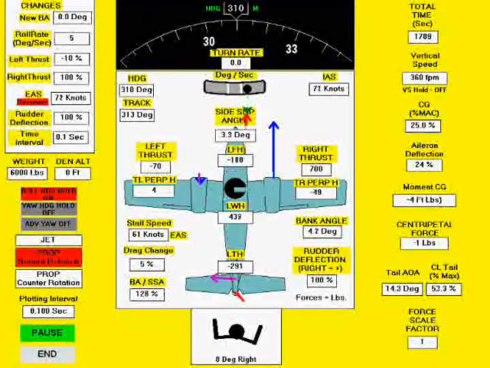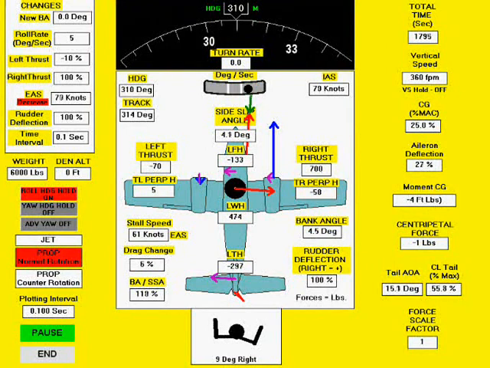Attempting to maintain heading with increasing bank angle and aileron pressure, we fail to notice the loss of airspeed.